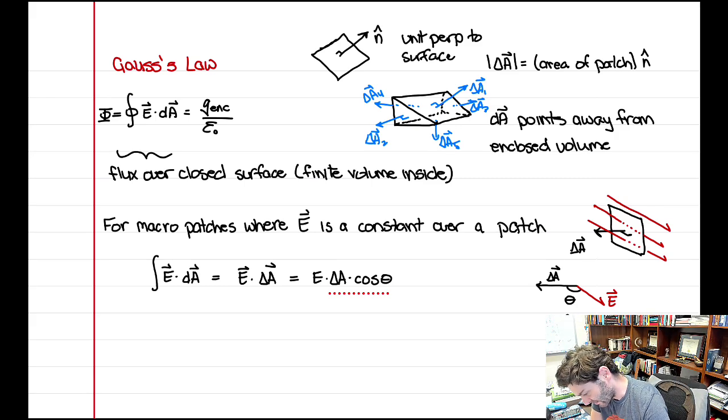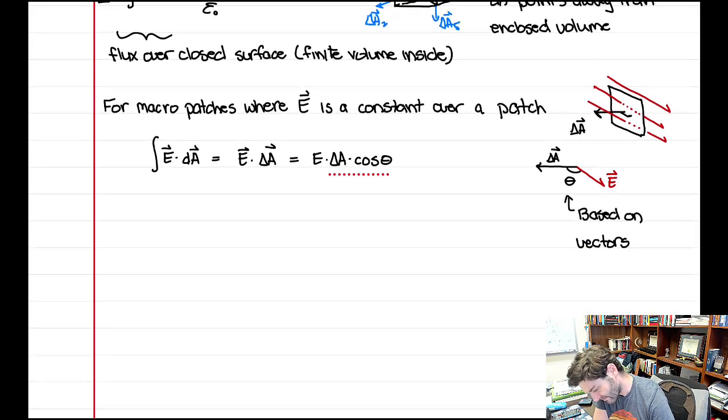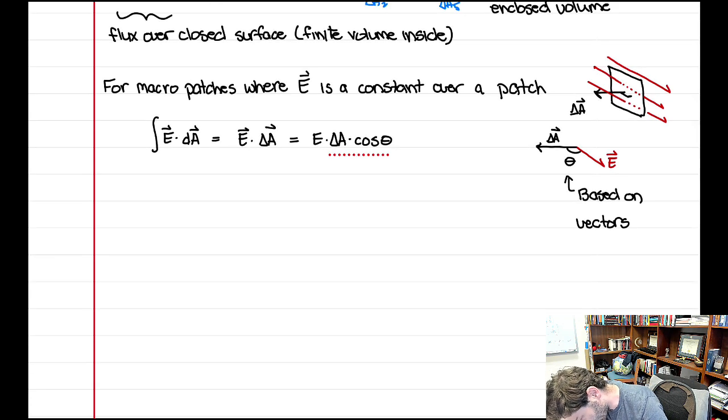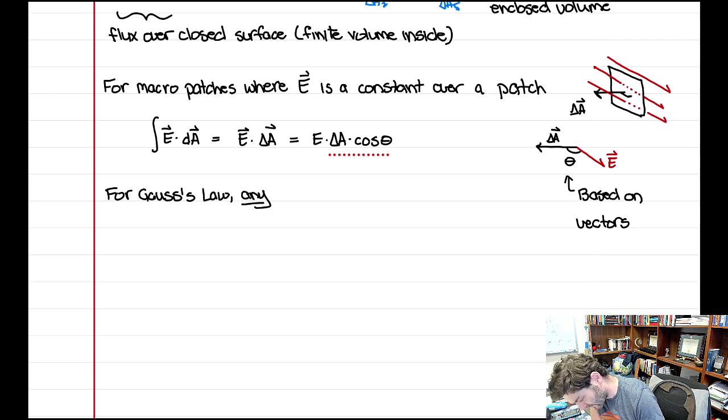So I think I might as well just write that down. So for Gauss's law, any surface will do, as long as it's closed.